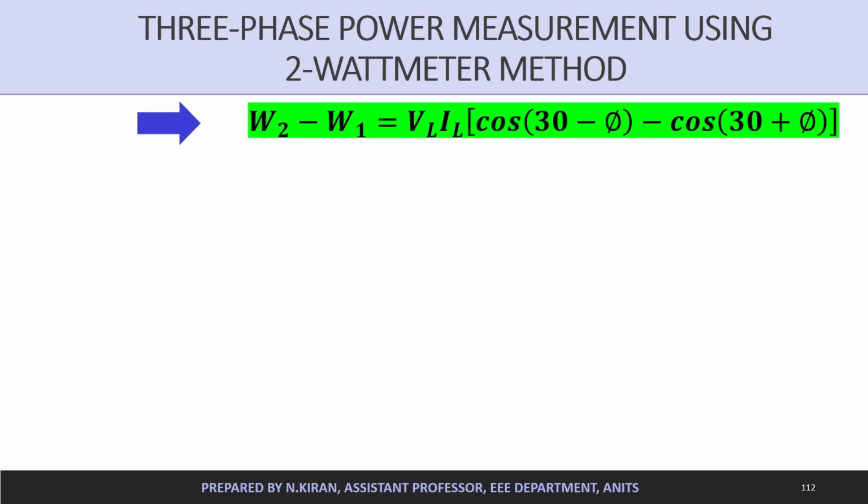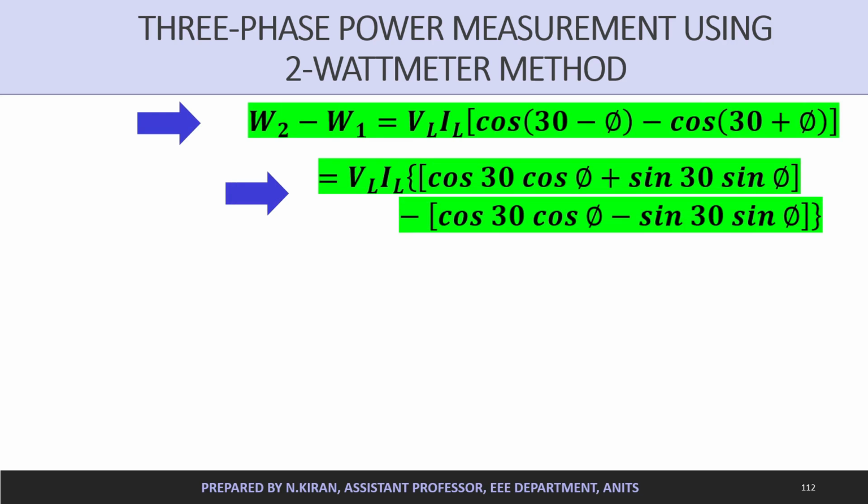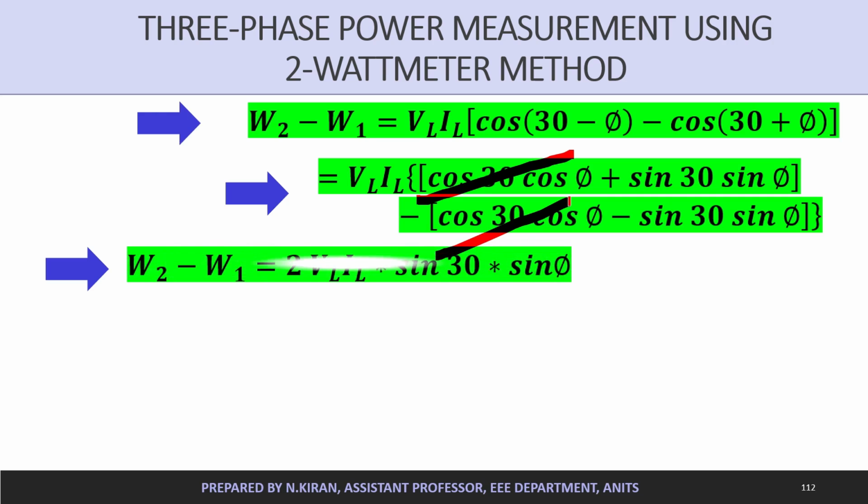Next, from the readings of W1 and W2, if I subtract the equations, these two terms will cancel each other, that is cos 30 cos phi minus cos 30 cos phi. So I will be left with W2 minus W1 to be 2 VLIL sin 30 sin phi.